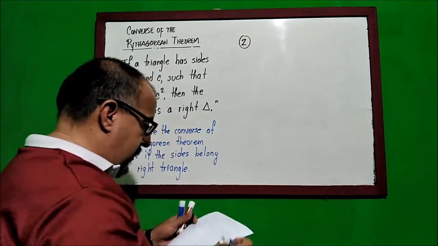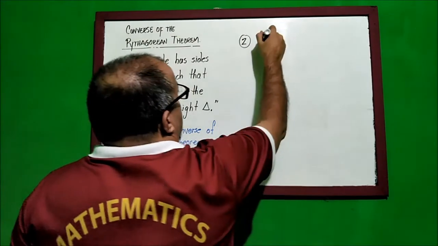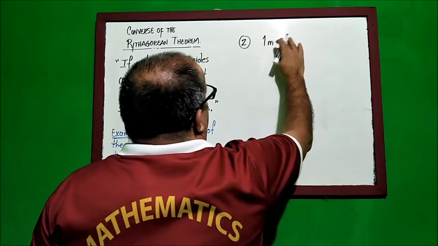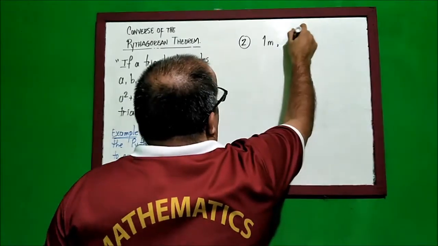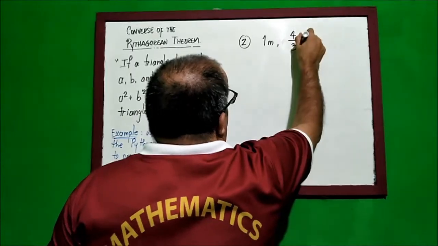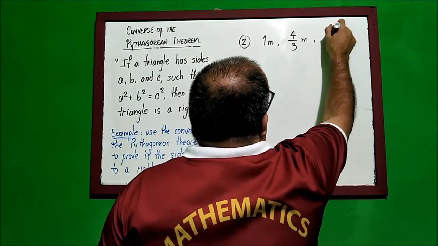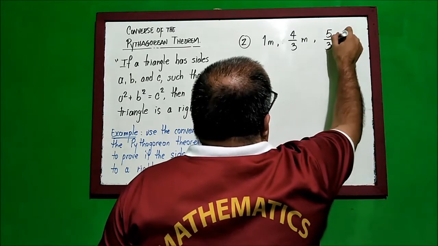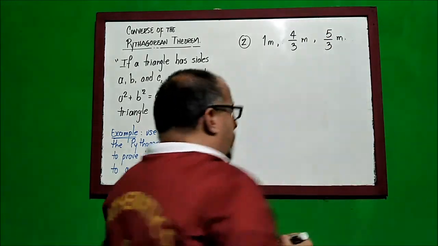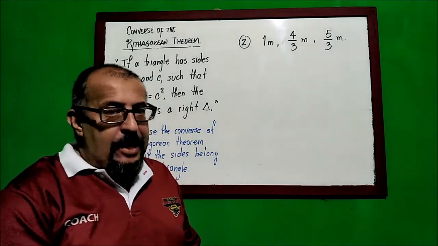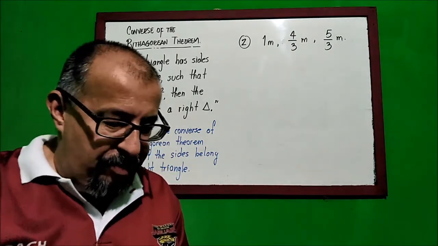We have the sides of a triangle that are 1 meter, the second side will be 4/3 of a meter, and the third side will be 5/3 of a meter. Obviously, since we will be working with fractions, the idea is that we have everything expressed as a fraction.